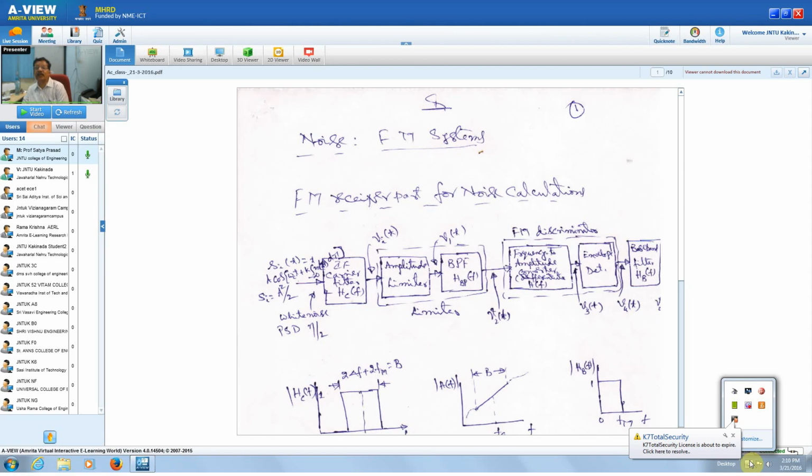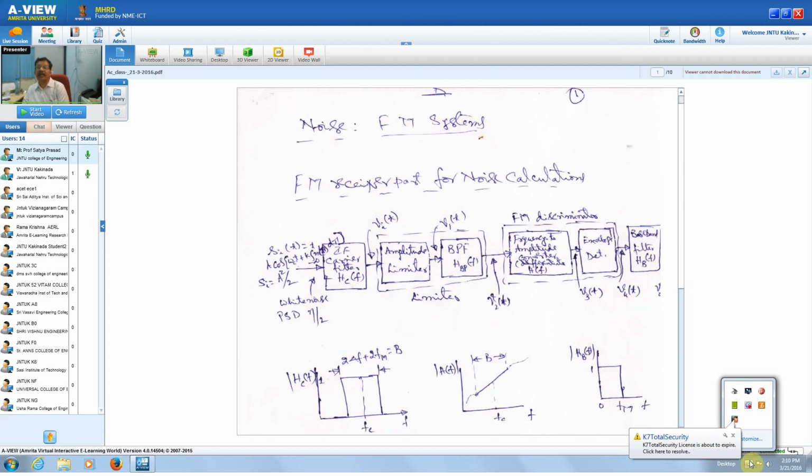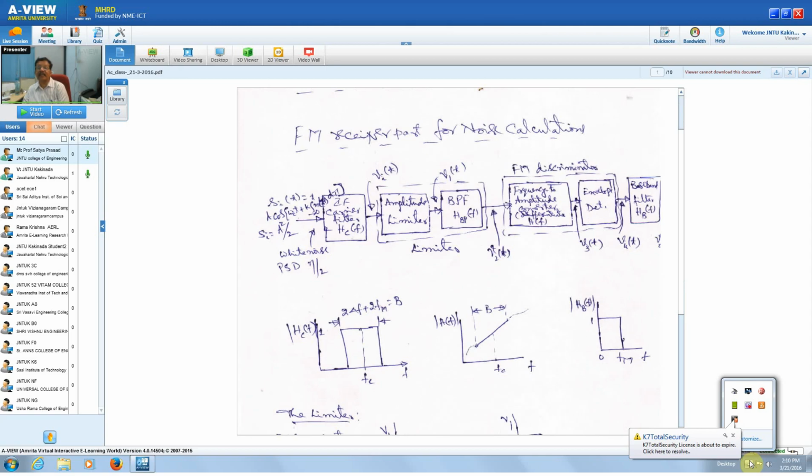That has been given to the frequency to amplitude converter. This frequency to amplitude converter has a linear variation in this bandwidth, and within this limited variation, the frequency is converted into amplitude variations. As the frequency moves from the center frequency Fc, plus or minus, the amplitude increases or decreases from this center point.